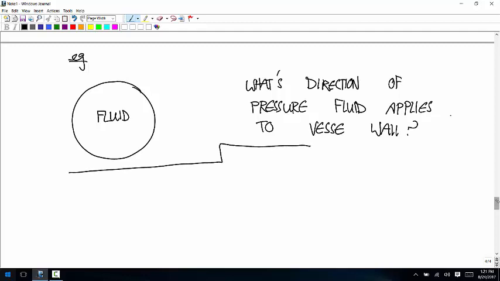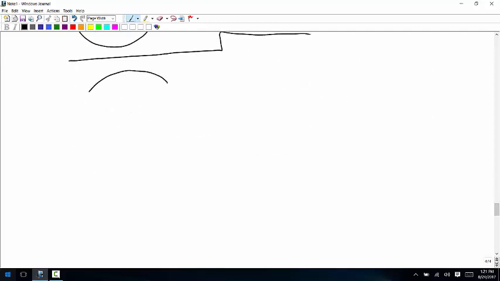And the answer is at every point, that direction is perpendicular to the walls. So it's that direction there, there, there.